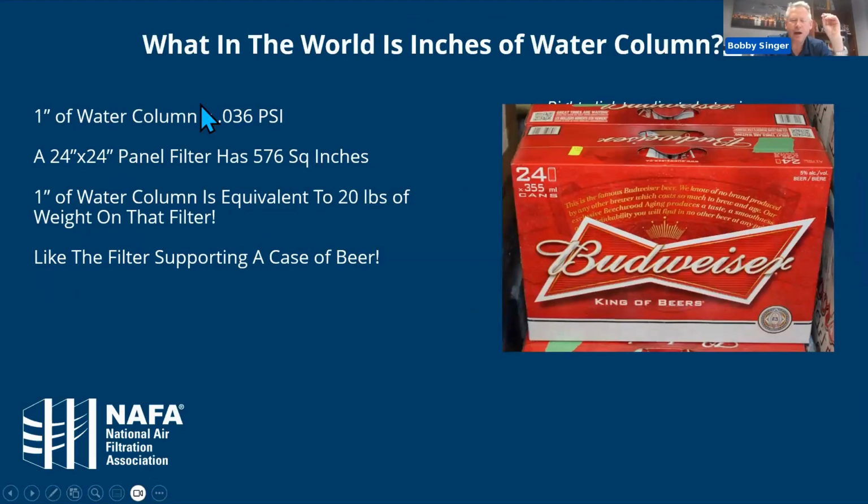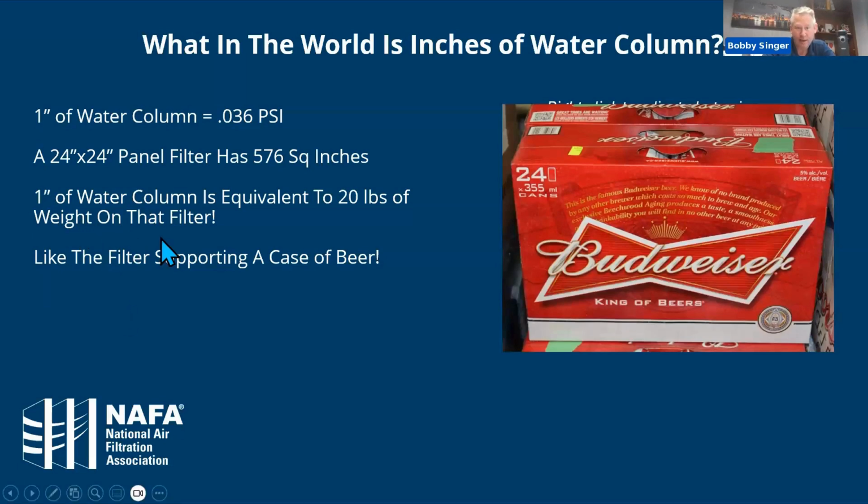And we talk about pressure drop, and again, I like to put things into perspective. So what does an inch of water column really mean? Well, an inch of water column is equivalent to 0.036 pounds per square inch. So if you take a 24-inch by 24-inch panel filter, that contains 576 square inches.